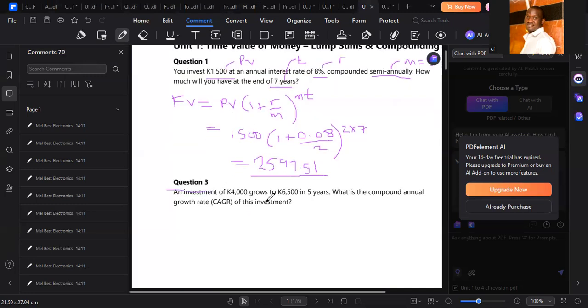Then question number 3: an investment of 4,000 grows to 6,500 in 5 years. What is the compound annual growth rate for this investment? What did we say?